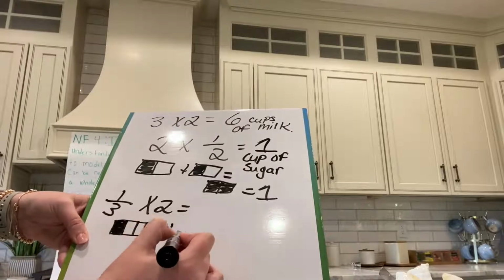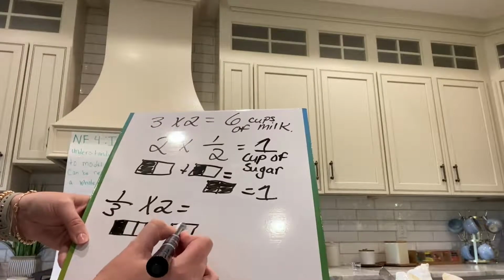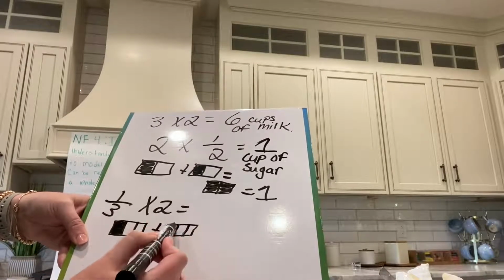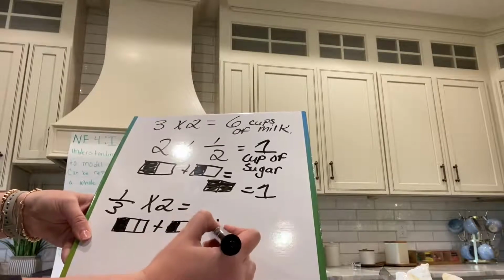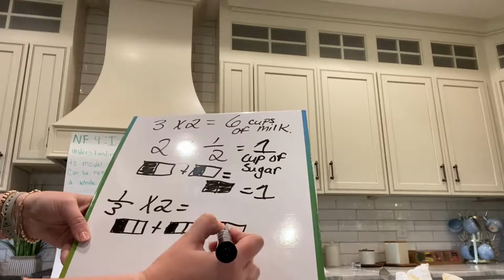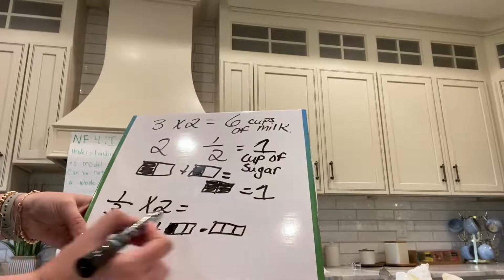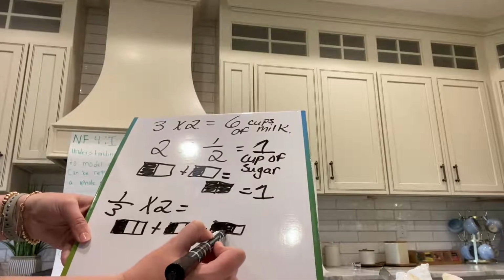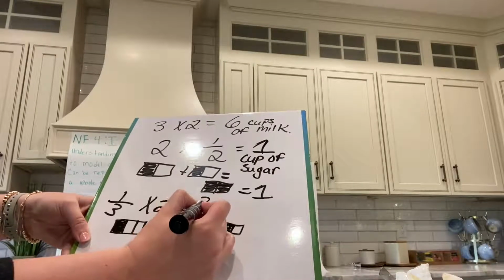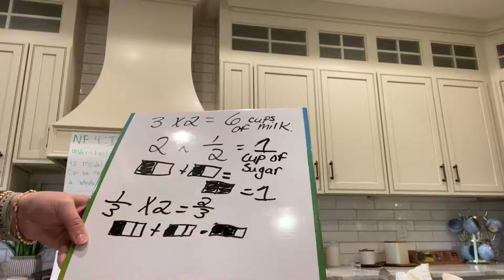Then I can do another model drawing, another 1/3, and shade in 1. Once you add those together, here's 1 shaded piece, here's another shaded piece. So my answer is 2/3.